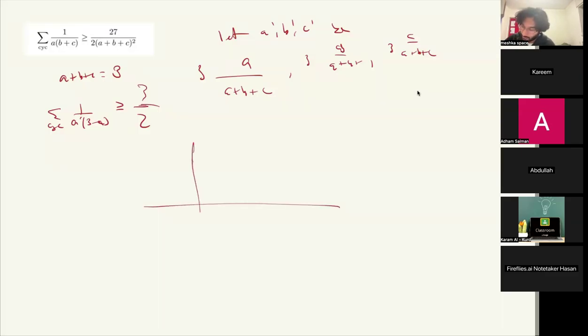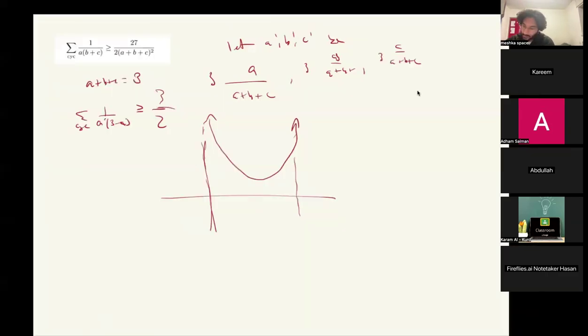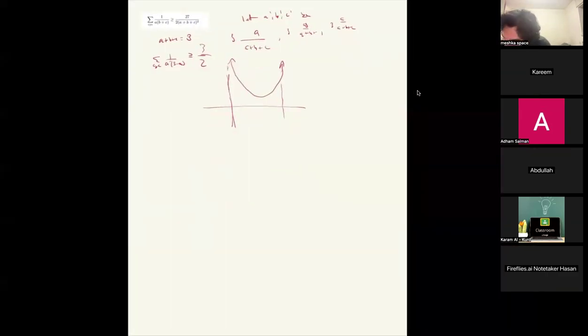Because what does it look like? There's asymptotes at 0 and 3, and so I guess it'll look something like this, and so it'll be convex. And you can check with the derivative. So I think that's really all I wanted to say about Jensen.